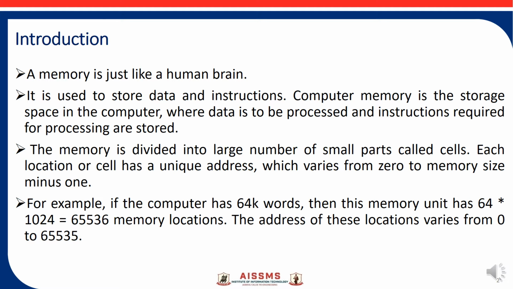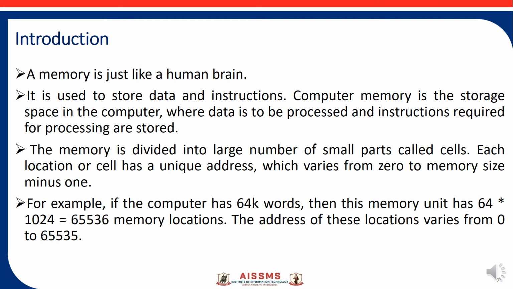The memory is divided into a large number of small parts called cells, and each location or cell has a unique address which varies from 0 to memory size minus 1, because we are going to start the addresses from 0. So if the total size of the memory is 100, then the end address is 99, from 0 to 99.